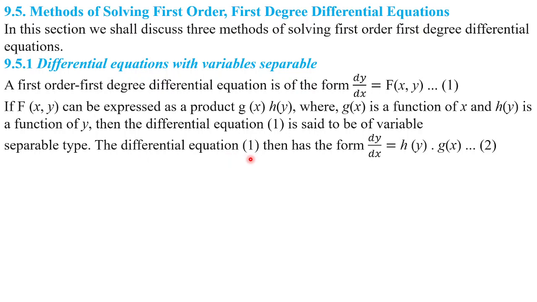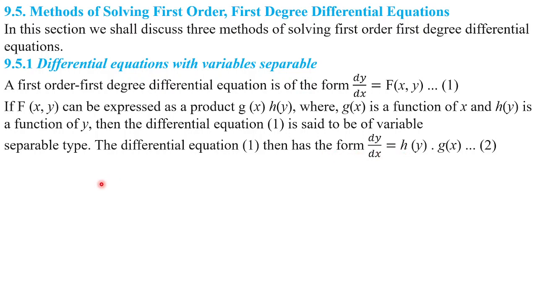Then the differential equation 1 has the form dy by dx is equal to h of y into g of x. Yes or no? Because f of x comma y can be written as a product of two functions, one in variable y and another in variable x.